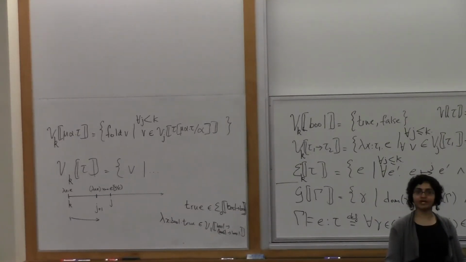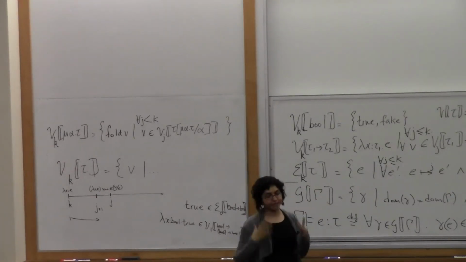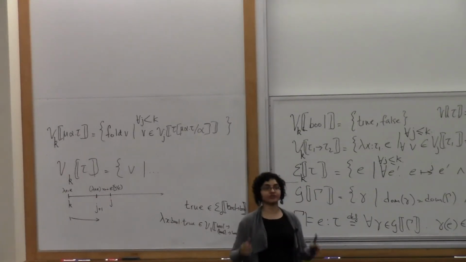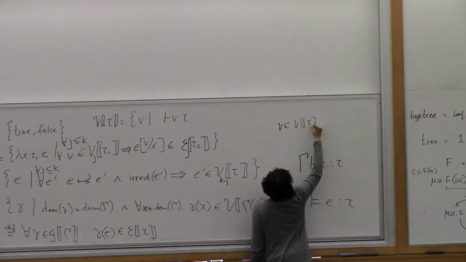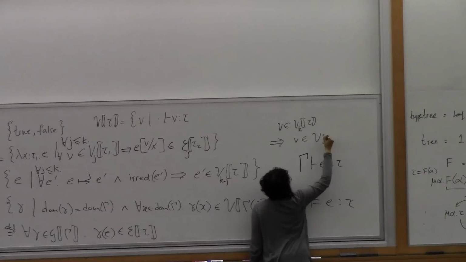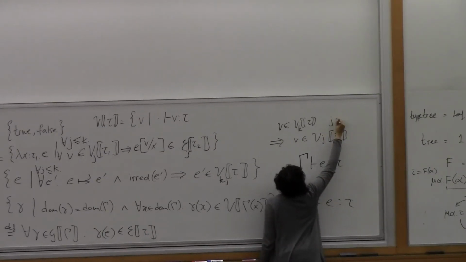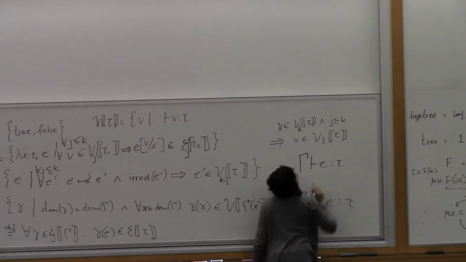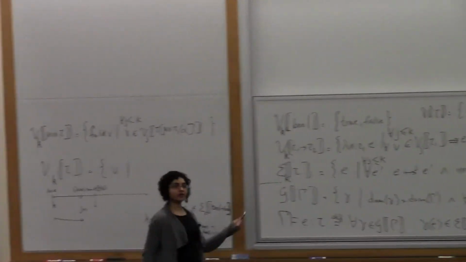Yes, because I said up to, right? And that intuition is captured by a lemma called the type interpretations are downward closed, or it's a monotonicity property. Anytime we have V belongs to V tau for k steps, we have to be able to prove that V belongs to type tau for j steps for any j less than or equal to k. Okay? You can call it types are downward closed or monotonicity. We're going to have to prove this lemma.